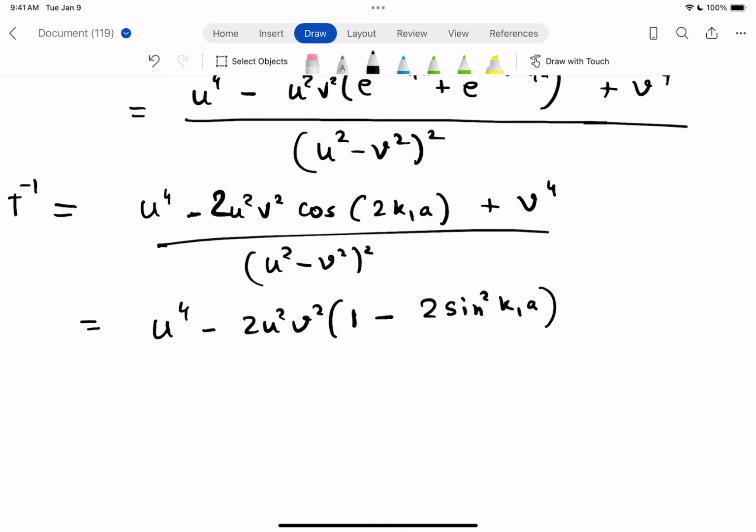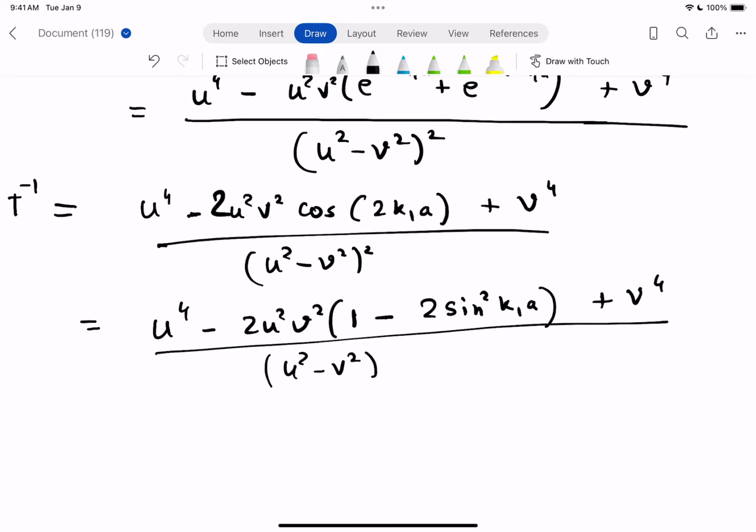Here I'm using the double angle formula, cosine 2 theta is equal to 1 minus 2 sine square theta, plus v to the power of 4 divided by u square minus v square whole squared.